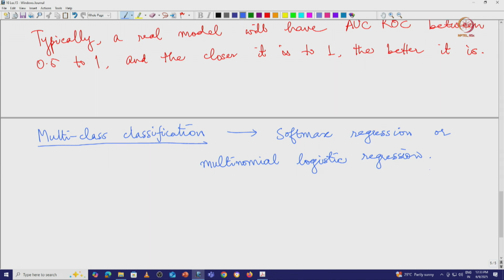Okay. So, in this case, instead of using the logistic function, we use the softmax function.